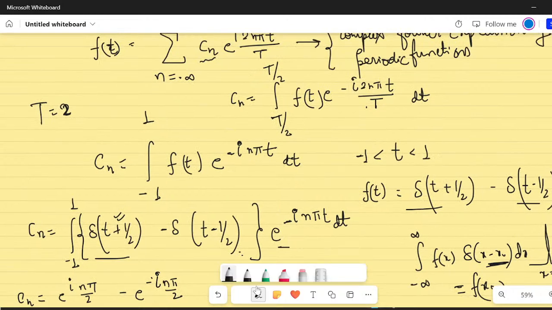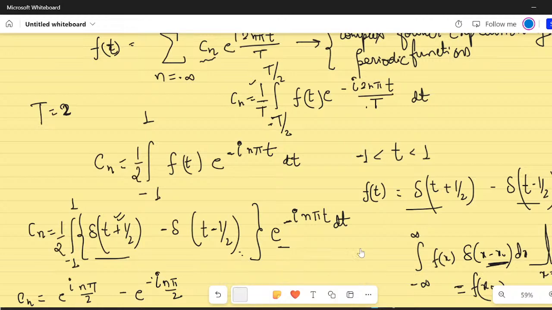Whenever we write this f of t, Cn, you get 1 upon T also here, otherwise this will be wrong. Remember that Cn is written from minus T by 2 to plus T by 2 integration f of t e to the power minus iota 2n pi t upon capital T dt, and this 1 upon T also comes, because you have to integrate dt from minus T by 2 to plus T by 2. So I forgot to write 1 upon 2 here as well.